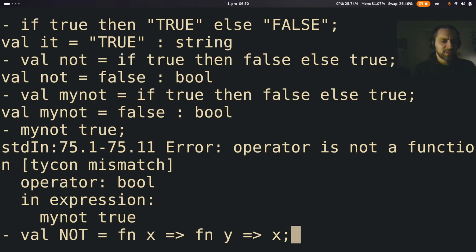Well, maybe because I'm defining it with lambda functions, maybe because I already defined true. Fn x. Fn of true equals false.